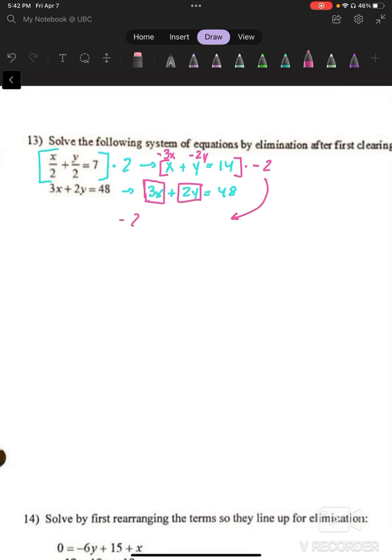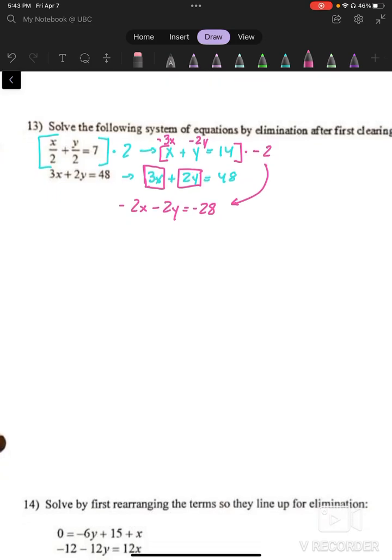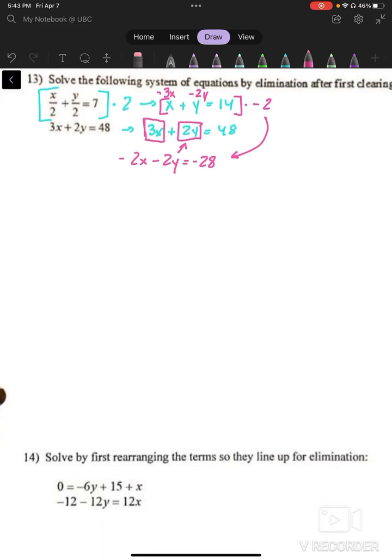So negative 2. And then that'll give me negative 2x minus 2y equals negative 28. So that shows you that you can now eliminate this positive 2y over here. So now you can add 3x plus 2y equals 48. So negative 2x plus 3x equals x. And then plus 0. And then 48 minus 28 gives you 20.